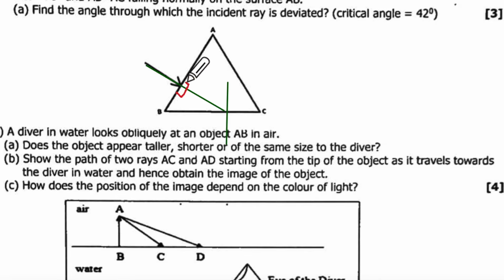This is 90, this is equilateral, so this is 60 degrees, this is 30 degrees... oh no, what did they say? A is 70 degrees. Oh my goodness, I forgot.